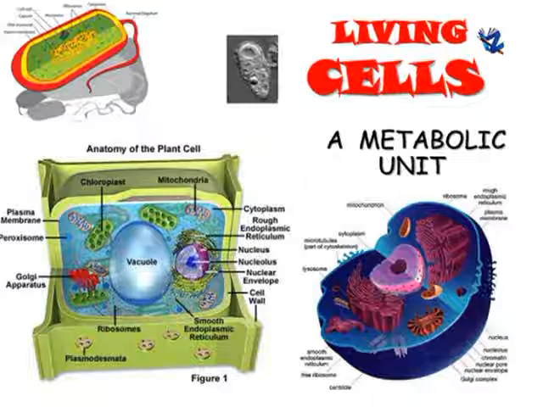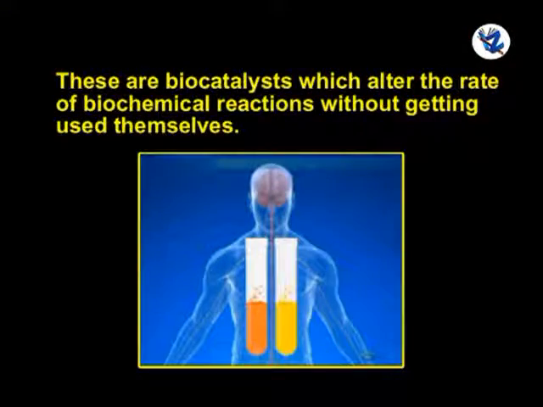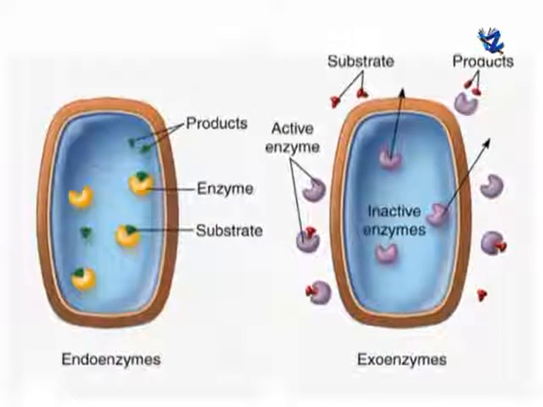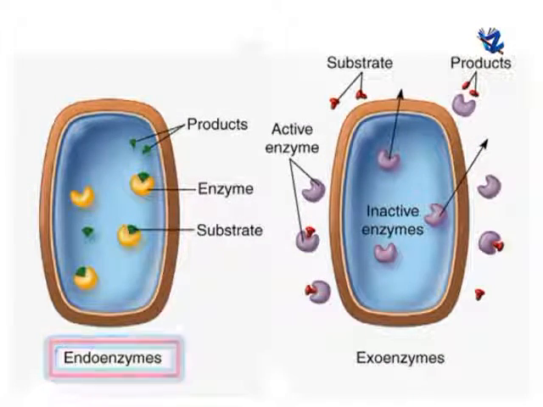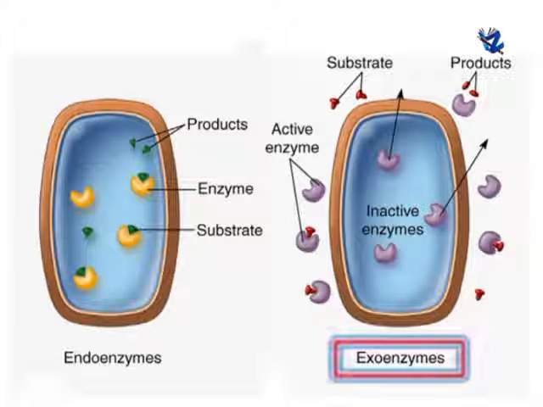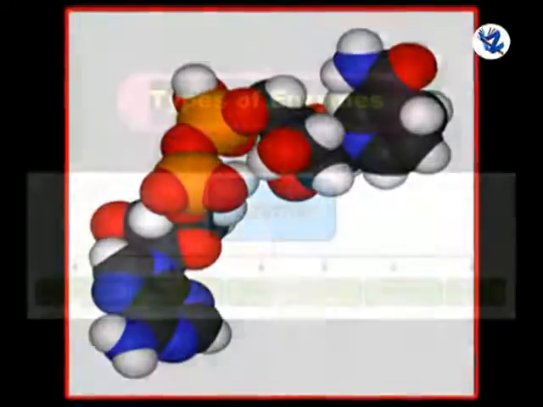These are synthesized by living cells. These are biocatalysts, which alter the rate of biochemical reactions without getting used up themselves. The enzymes that are produced within the cell are endoenzymes, and those which act away from the site of synthesis are exoenzymes. Most of the enzymes are proteins.